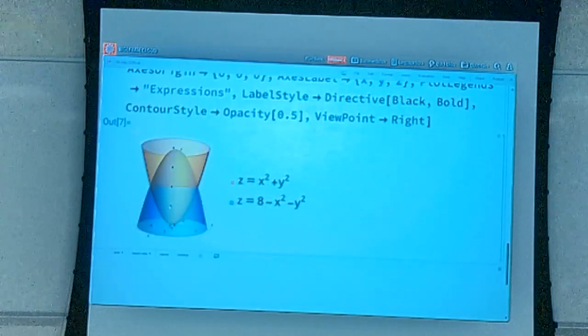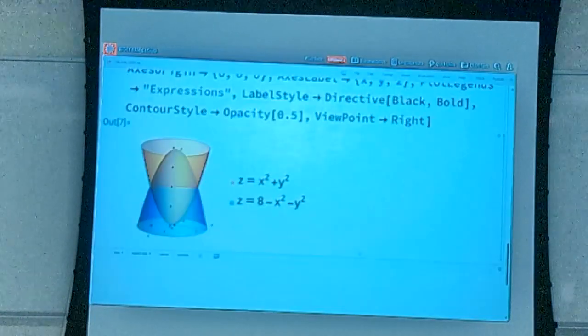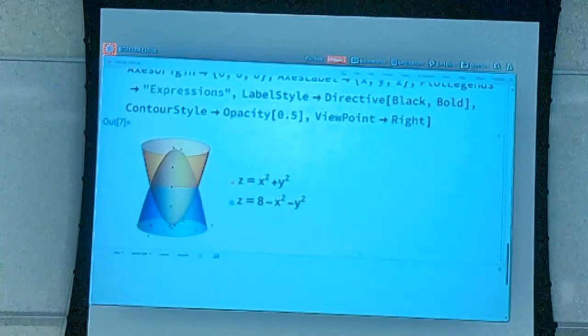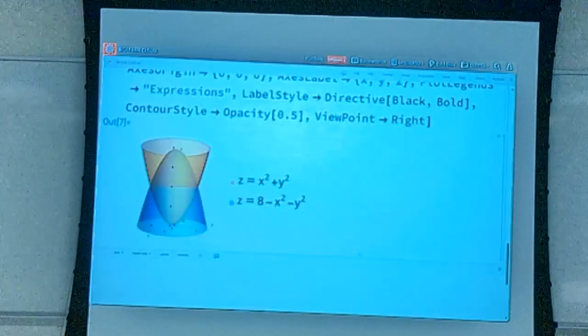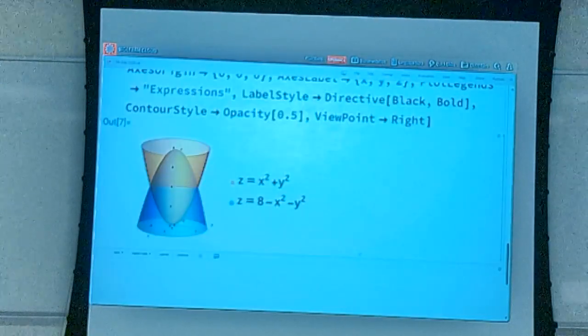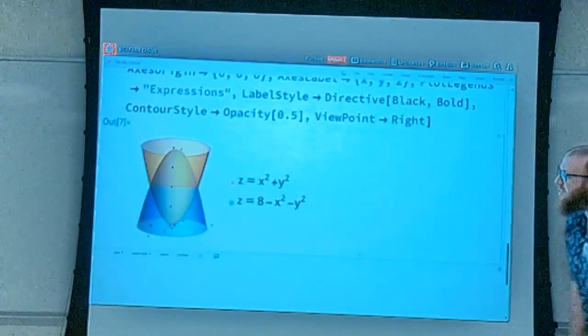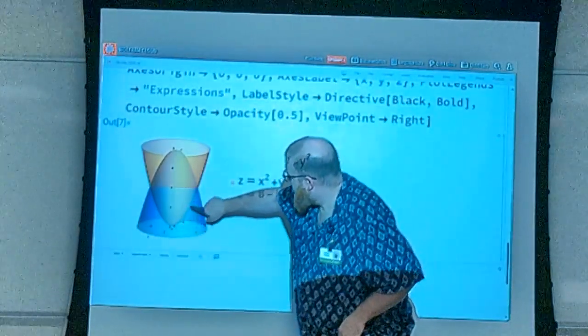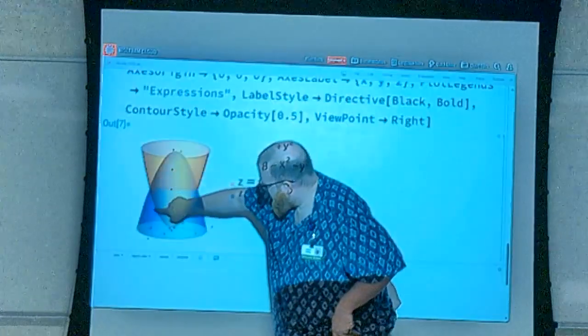The cell that we're trying to find the volume of is that pill shape. Right?